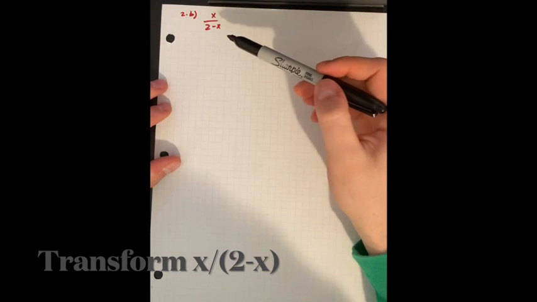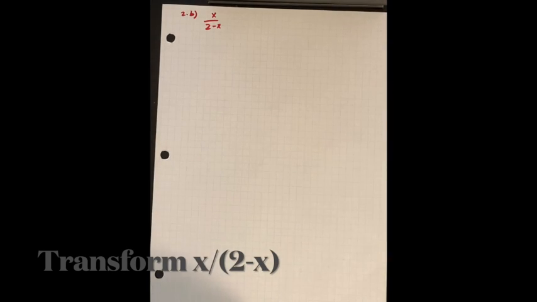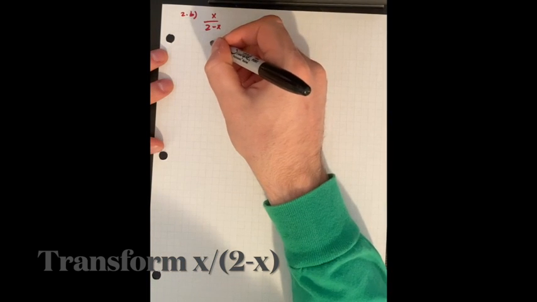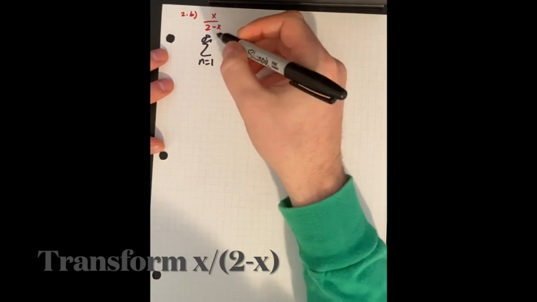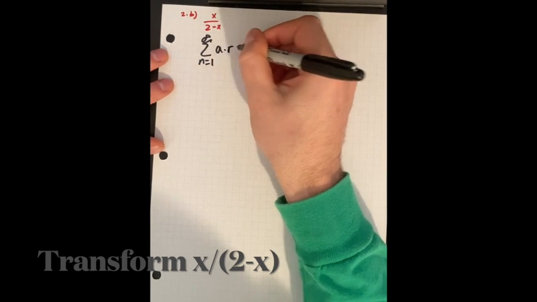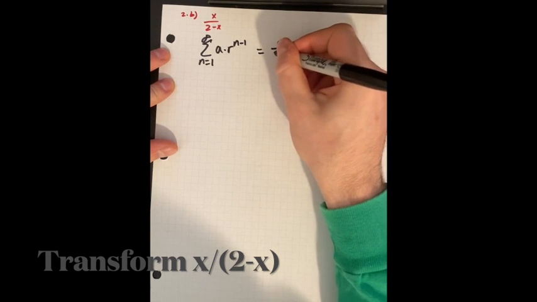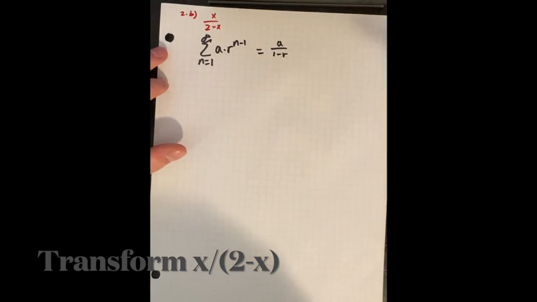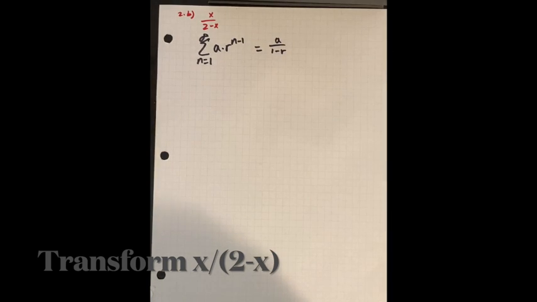In order to transform this function to a geometric series, we need to remember our initial formula for a geometric series. And it goes as follows. As you can see, our function is already in a pretty similar form to our formula.